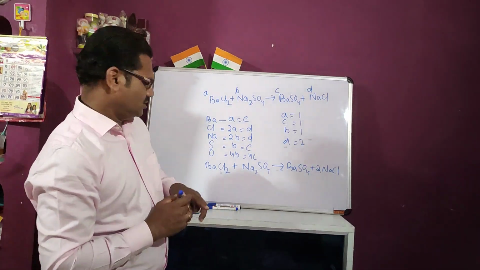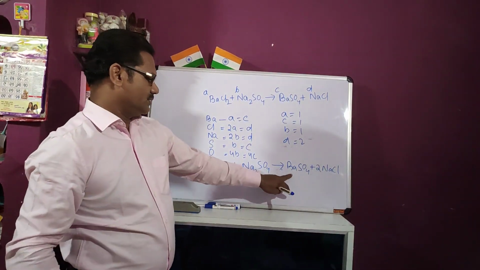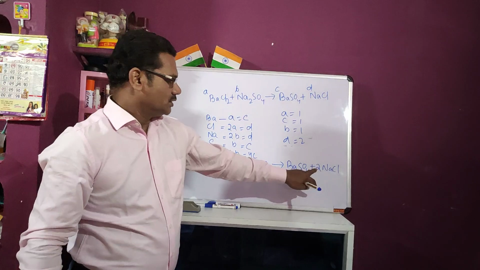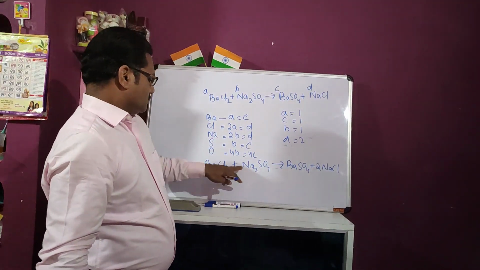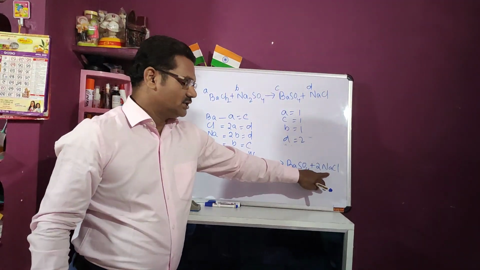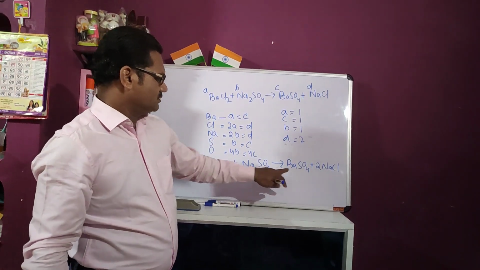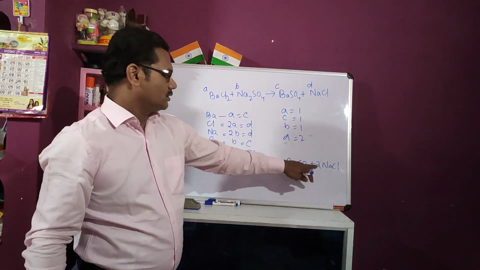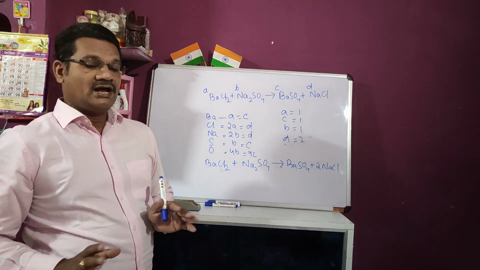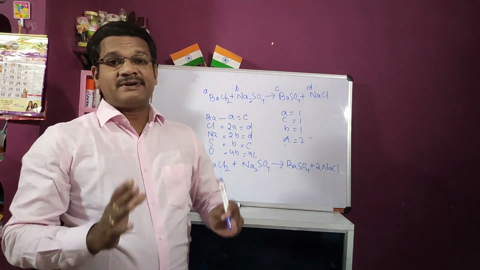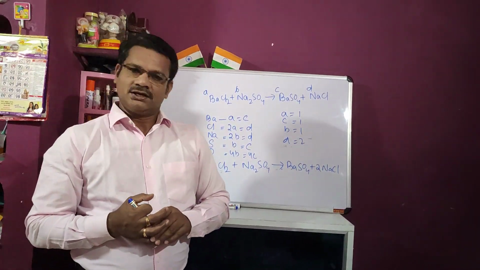Let's see if it is balanced or not. Barium 1, chlorine 2, here 2 into 1, 2, sodium 2, 2 into Na, 2, sulfur 1, oxygen 4, oxygen 4. This is balanced, and this is the algebraic method of balancing the chemical equation.